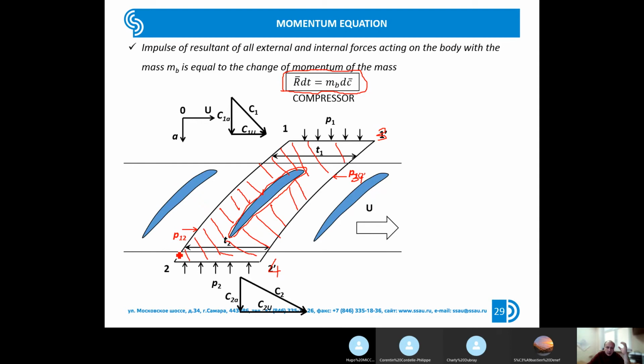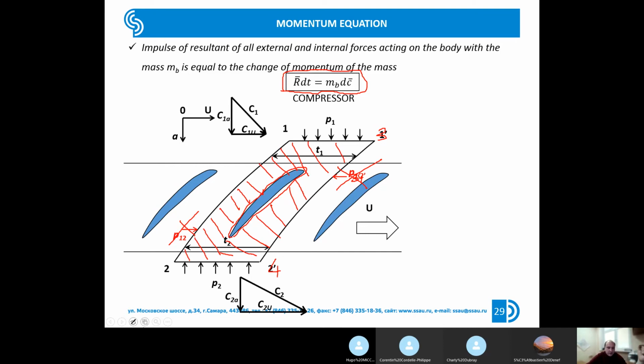In other words, pressure P12 and pressure P34 are equal, but these pressures are directed in opposite directions. That's why the resulting force of the acting pressures P12 and P34 will be equal to 0. That's why we are not taking these two pressures into account. So at this moment, only the inlet and outlet pressures are acting on this volume.